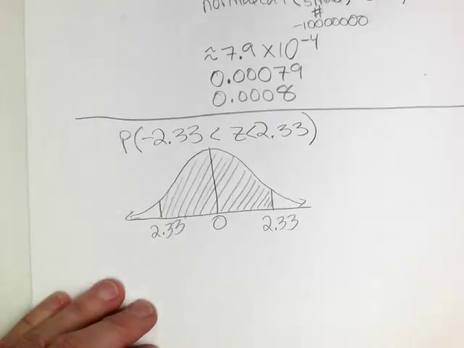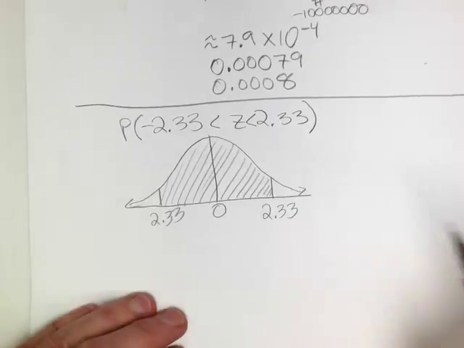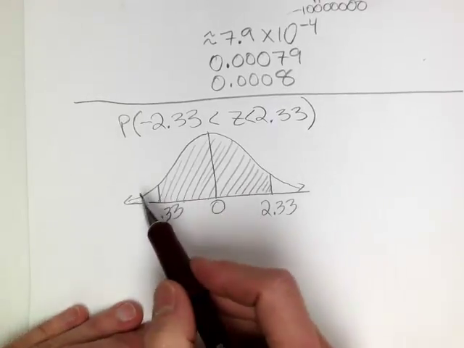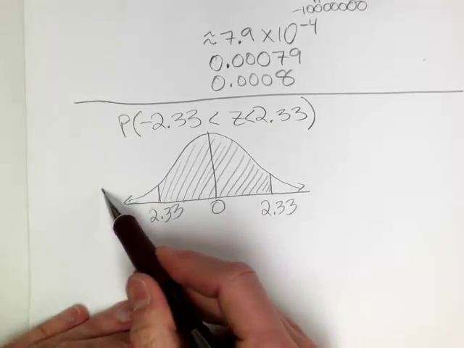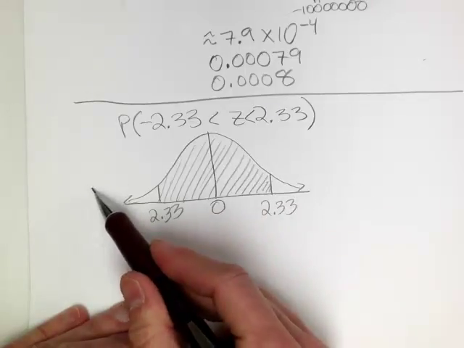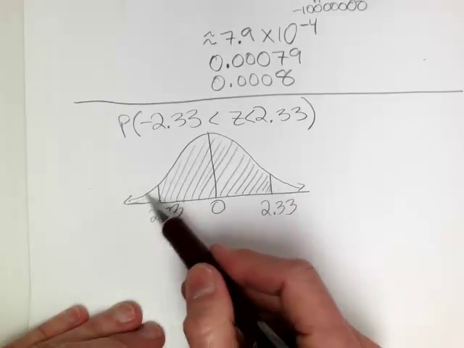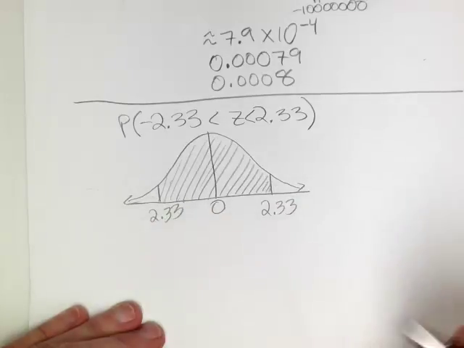Okay, if I wanted to use the standard normal table, one way to do this is to work it in two pieces. Because the standard normal table reads from negative infinity up to the point in question, what I can do is find this total area going from negative infinity up to 2.33 and then subtract out this tail. Okay, that's the part I don't want.